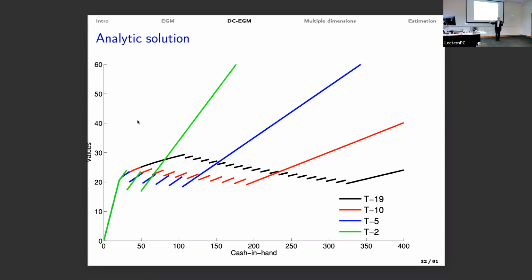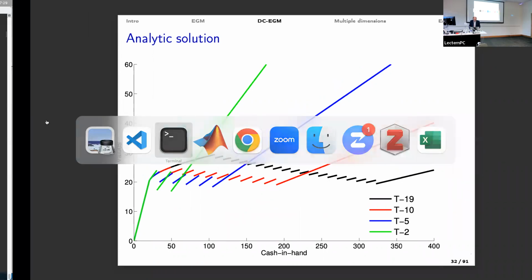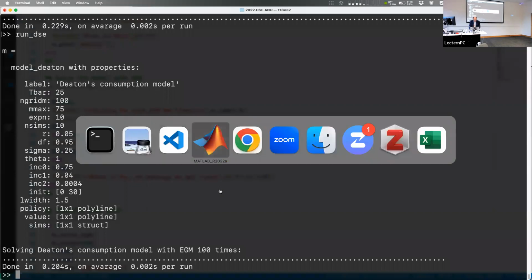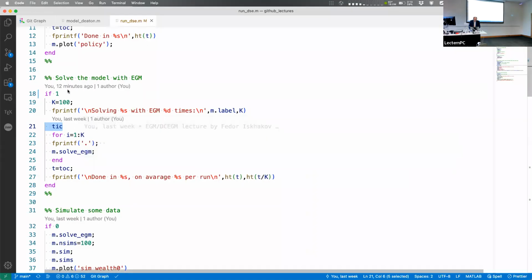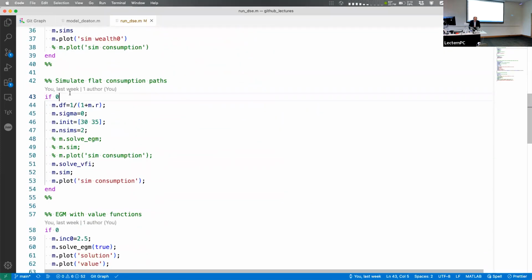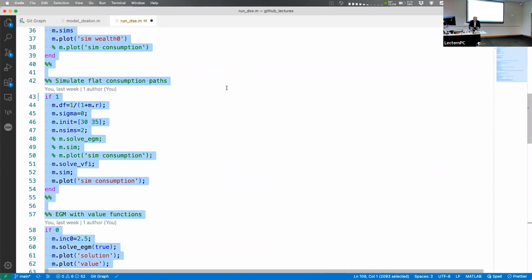And for certain parameter values that you would most likely know, you can actually get a flat consumption profile even with these things. By the way, I guess I've forgotten to show the example here. In the code, we can run this test and try to simulate consumption paths.